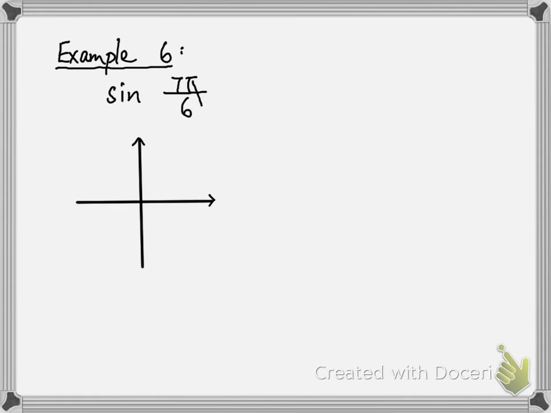Example number 6. Sine of 7 pi over 6. Since the angle is positive, we will travel counterclockwise. Again, we are going to draw a vertical dashed line onto the positive x-axis or negative x-axis.